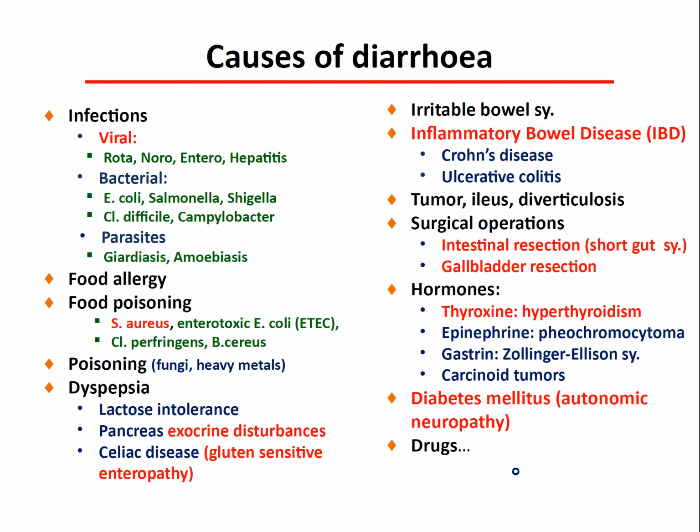Food allergy is another important one, because somebody is allergic to food. Not only, let's say, peanuts, but for example seafood and others can cause diarrhea or can cause more severe allergic symptoms as well.